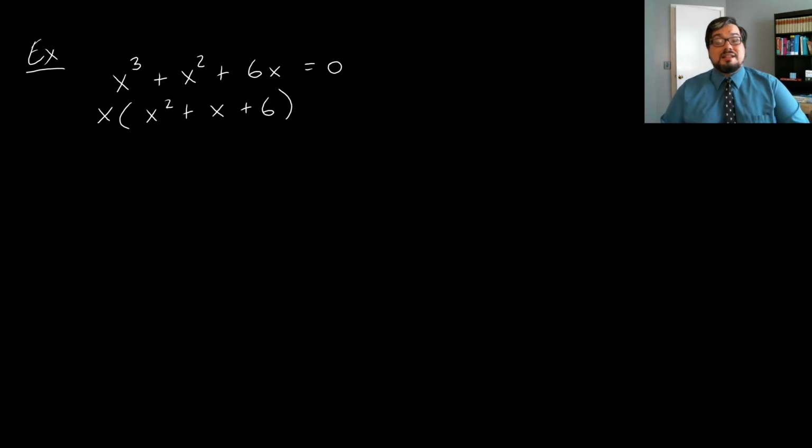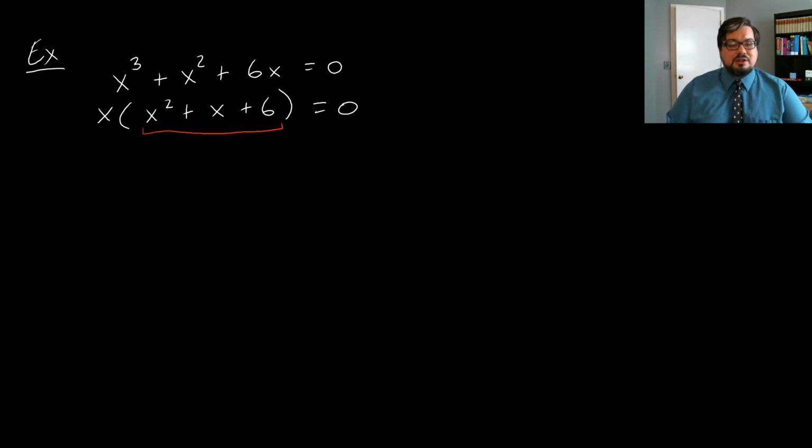Getting 0 on one side and factoring is going to be key to a lot of the strategies that we have. So we get x times (x squared plus x plus 6) equals 0. Well, now we're done factoring, because this second term, x squared plus x plus 6, doesn't factor.